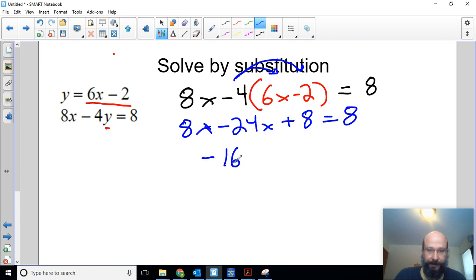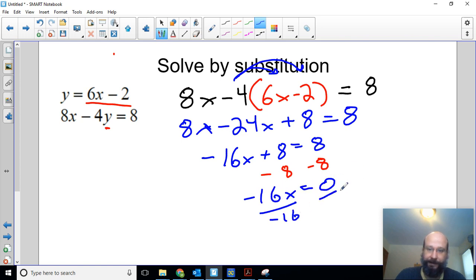Negative 16x plus 8 equals 8. I'm going to minus 8. That gives me negative 16x equals 0. Divide by negative 16. X equals 0. So I know what my x equals. My x equals 0.